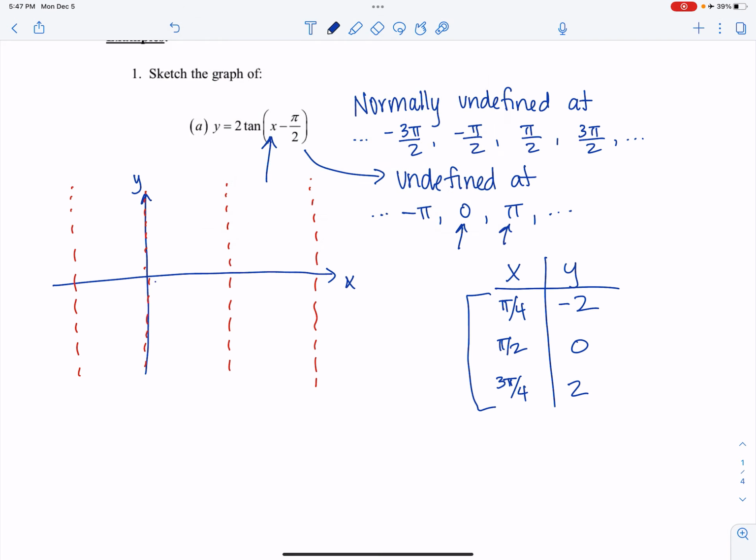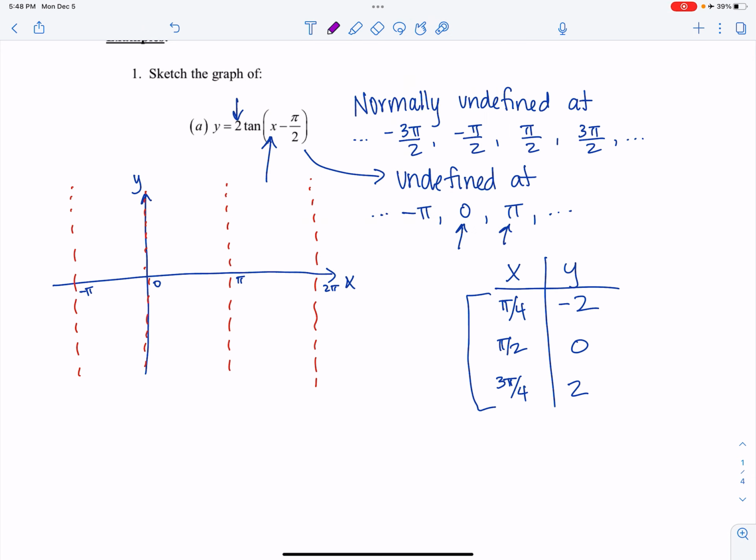And everywhere else, it's just a stretched tangent. So tangent is amplified by 2.